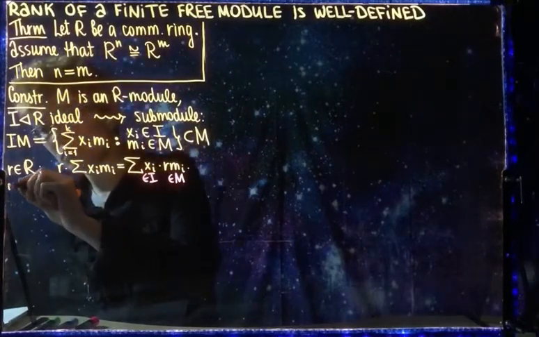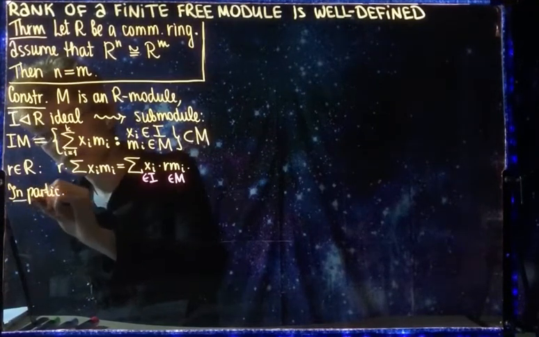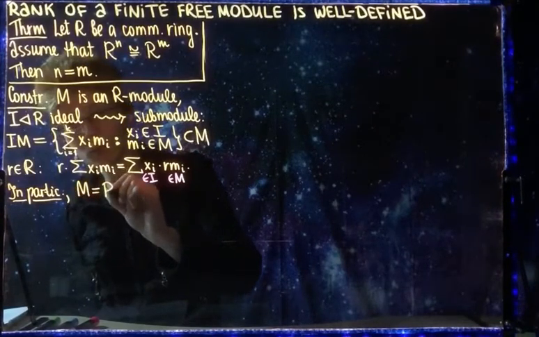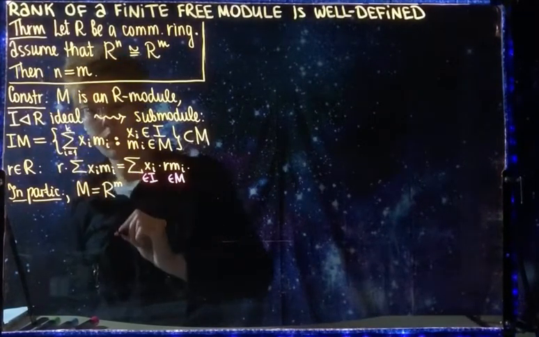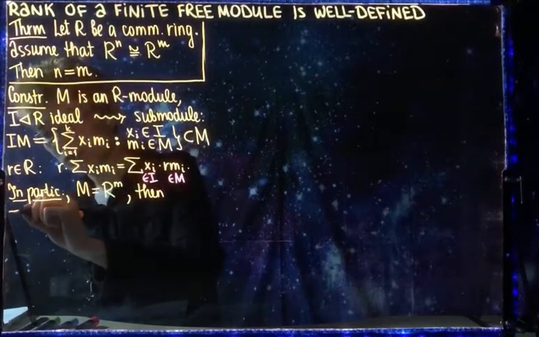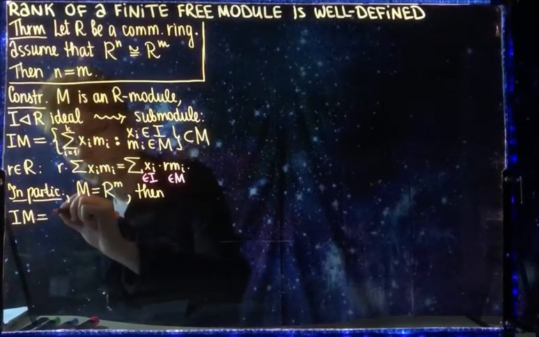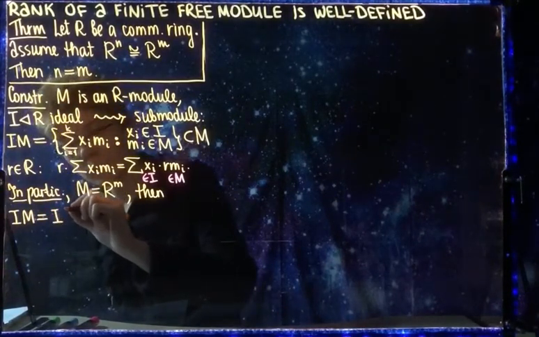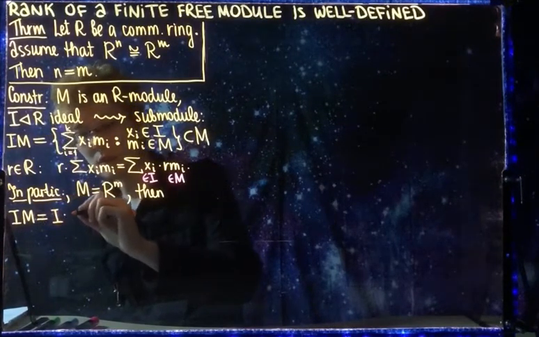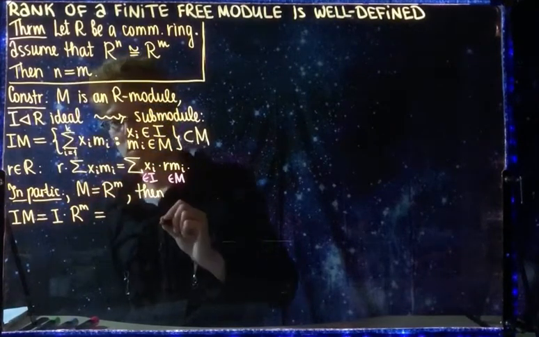And in particular, if M is a free module, R^m, then IM, I can write it as tuples of coefficients in I, because I have I times R^m.